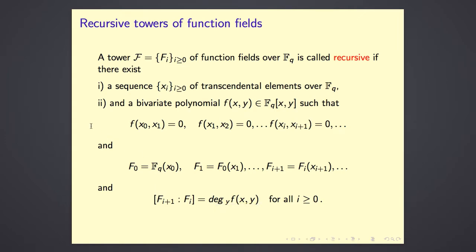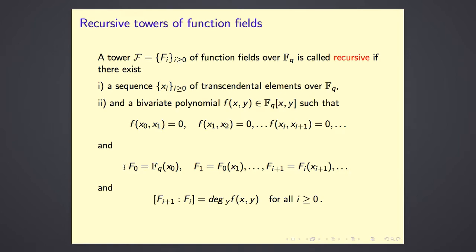A particular class of towers which are useful, for instance, in coding theory are the ones called recursive towers. For a recursive tower, you need a sequence of transcendental elements x_i over Fq and a polynomial in two variables, f(x,y), such that f(x_i, x_{i+1}) is 0 for all i.